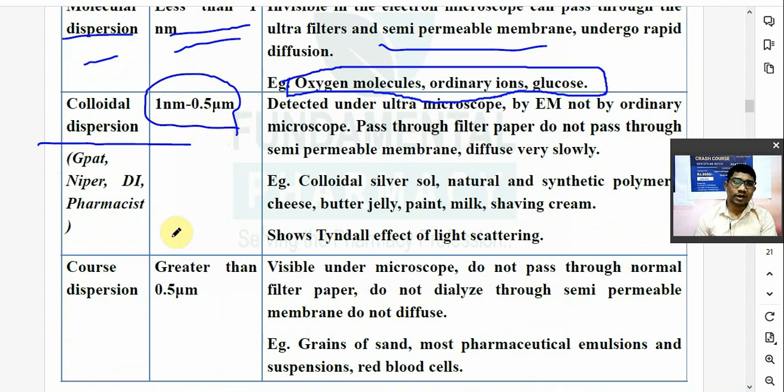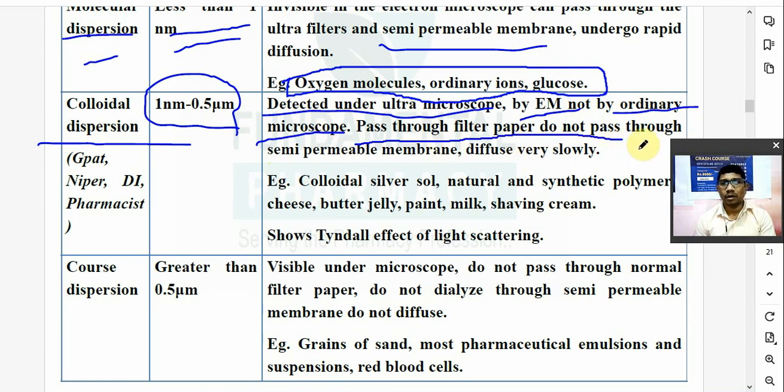What is the particle size of colloidal dispersion? 1 nanometer to 0.5 micron. Okay, remember this. They are detected under ultra microscope and electron microscope but not by ordinary microscope. So colloidal particles can be seen by ultra microscope or electron microscope, not observed by an ordinary or simple microscope. They can pass through a filter paper but do not pass through a semi-permeable membrane. They diffuse very slowly.